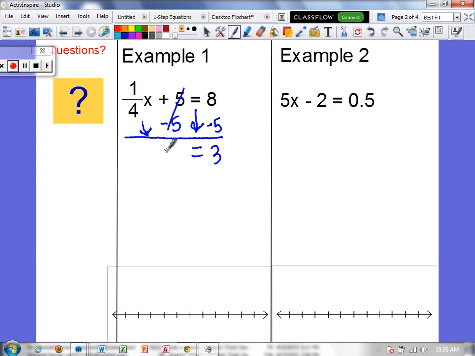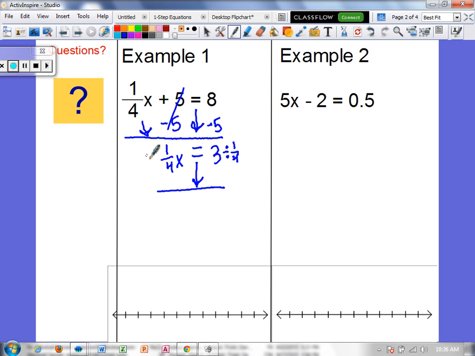So I know 1/4 x equals 3, so I'm just going to carry that down and then separate the left and right sides again. So here I have 1/4 times x. Keep in mind the coefficient is multiplied by the variable. So the inverse of multiplying by 1/4 would be to divide by 1/4. So I'm going to write that.